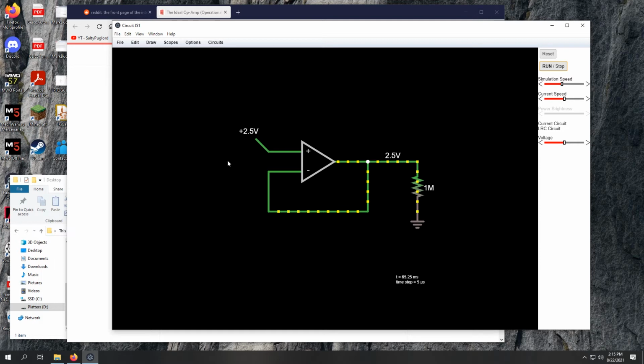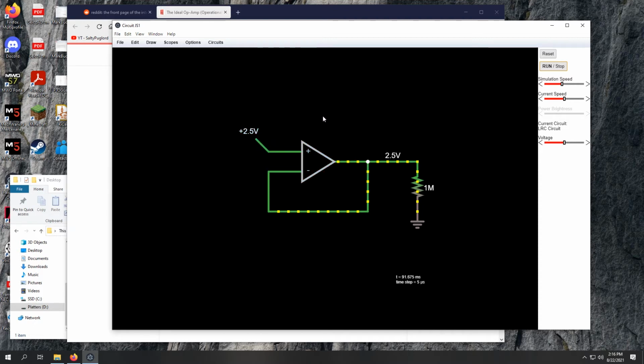So this is pretty simple. Basically, you put in 2.5 volts here, and then let's say at the very beginning of things there was only 2 volts here. That 2 volts is fed backwards into the minus input, and it notices that there's a difference between those 2 voltages. And through a sort of iterative process, the op-amp is going to keep changing the voltage on the minus input over and over again until that voltage matches what's on the plus input.